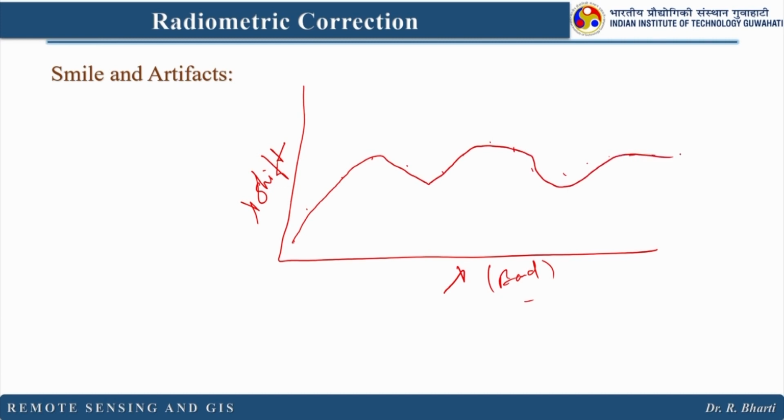Here we have plotted the shift with respect to different bands. Let us say this is maximum in this particular case, and this is 20 nanometer, this is 10 nanometer, this is maybe 2, and this will be 0, right.